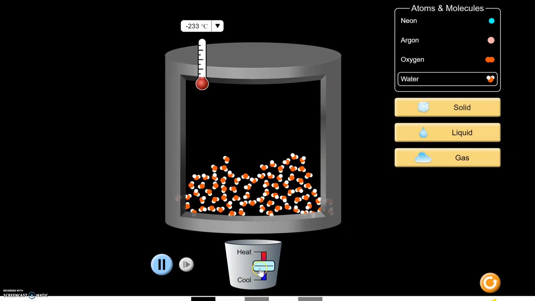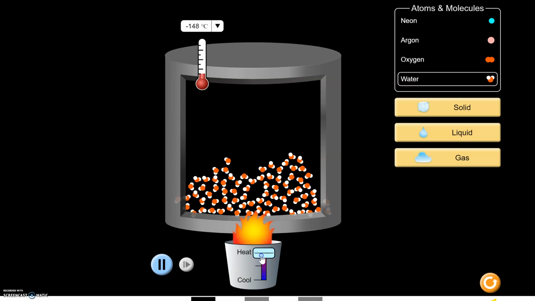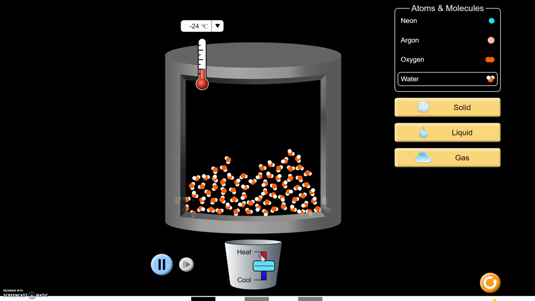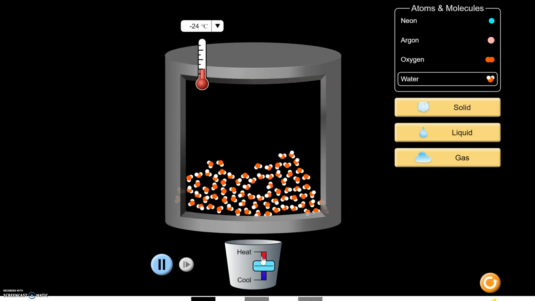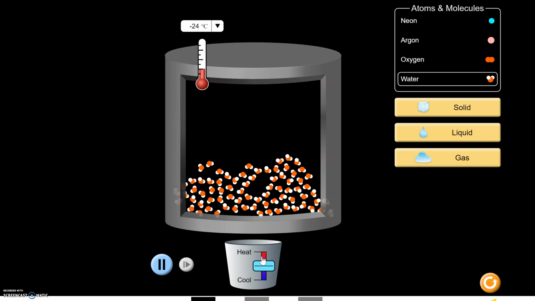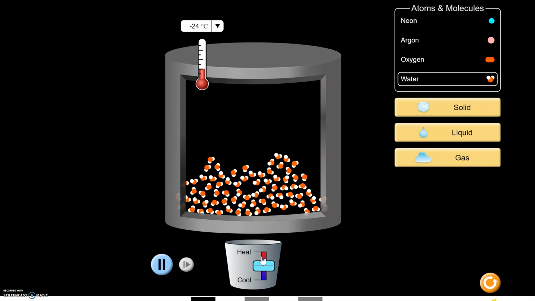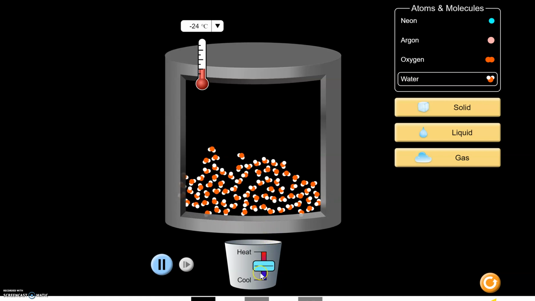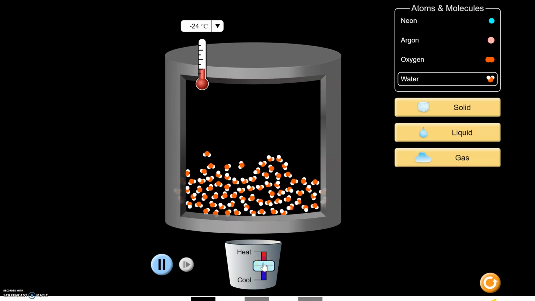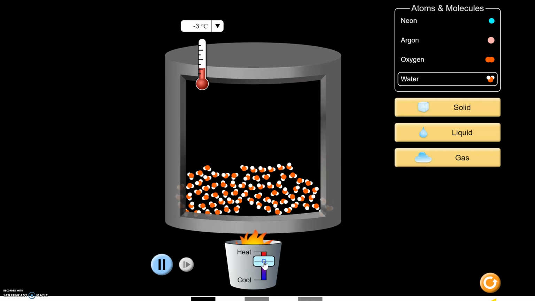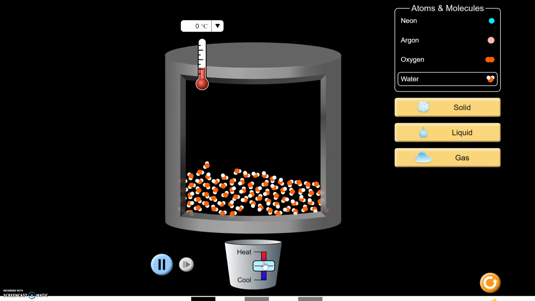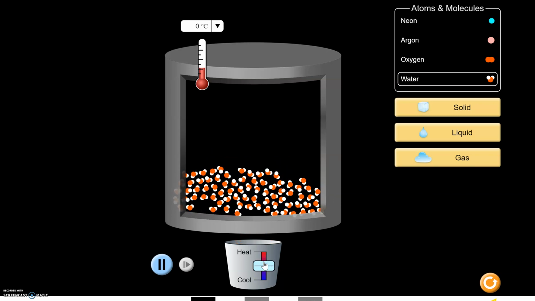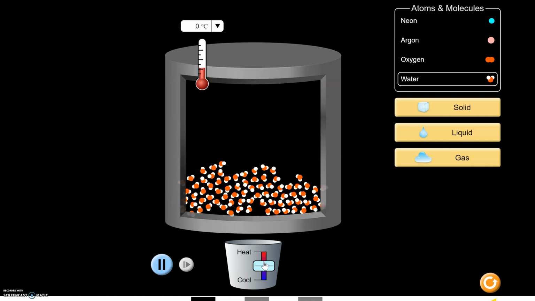And then as we heat it, and this temperature increases pretty quickly, we'll try to stop it right around the change. Notice that we're still below 0 degrees Celsius. We're at negative 24, and they're still locked together, but man, are they bouncing around. But they're staying pretty well stuck together. As we get close to 0 degrees Celsius, notice they're not really locked together anymore.